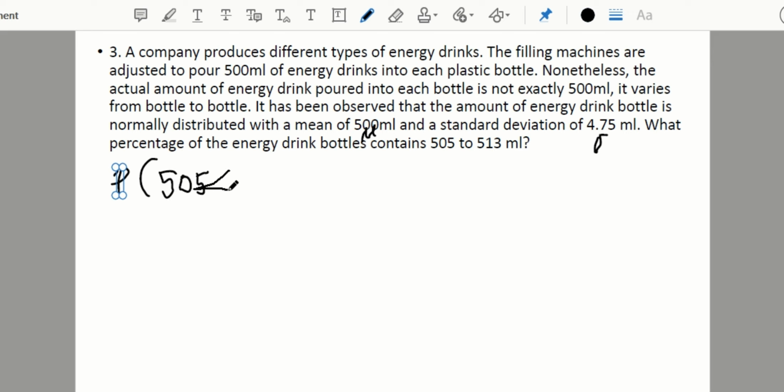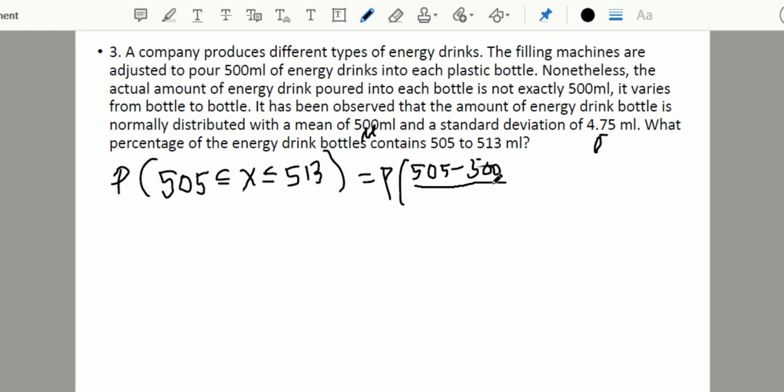So first we'll compute for the probability, from 505 to 513. Okay, same with the previous example. So we'll compute this using the formula that we had. So 505 minus 500, which is the population mean, divided by the population standard deviation of 4.75.